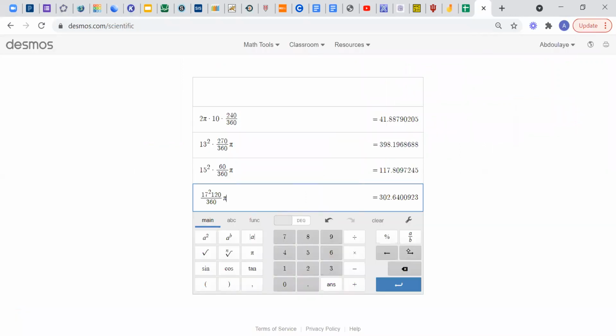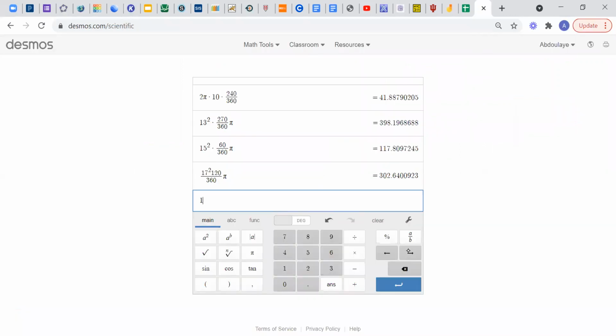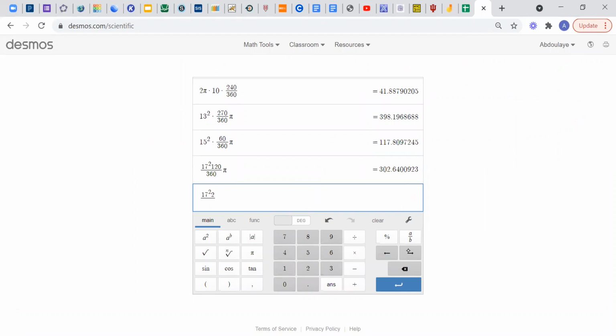So 17 squared times 2 out of 6 will be the same, 96.3.